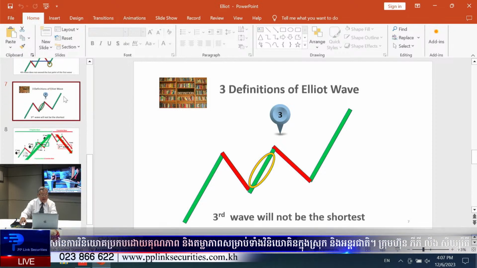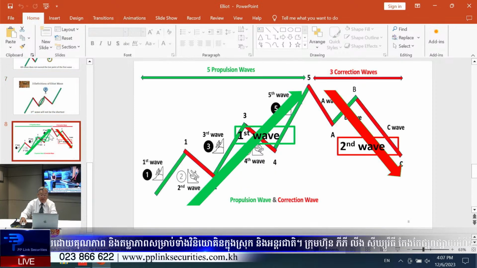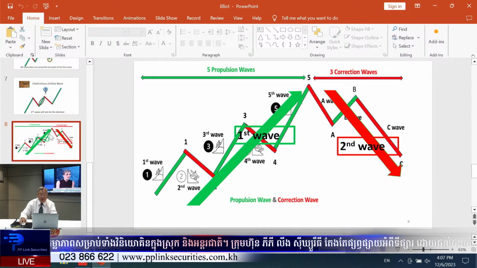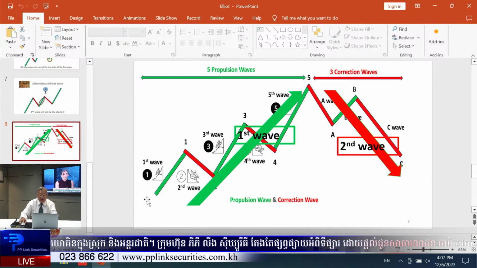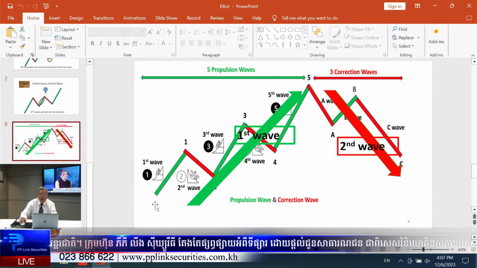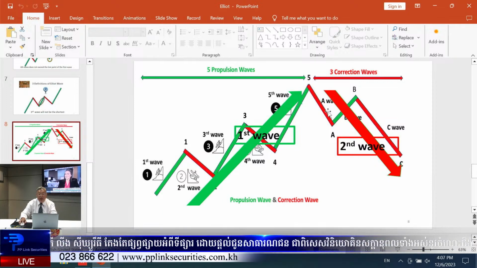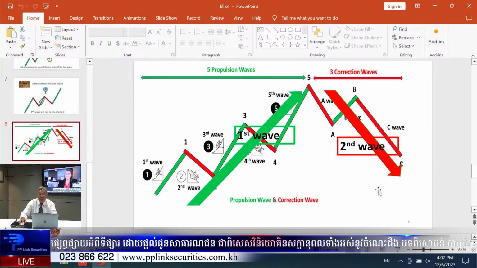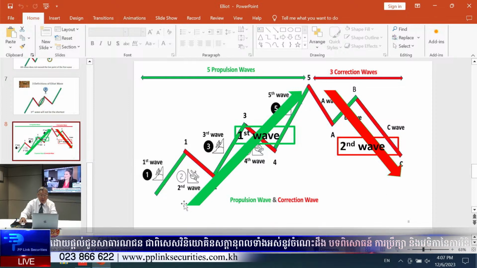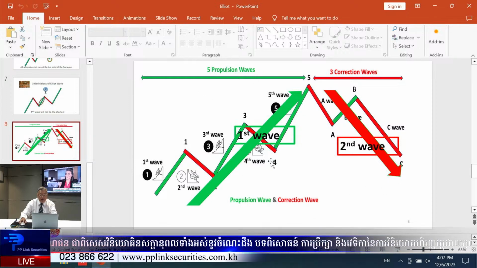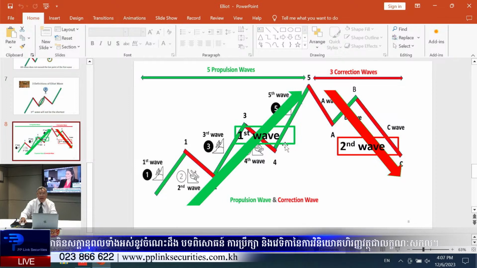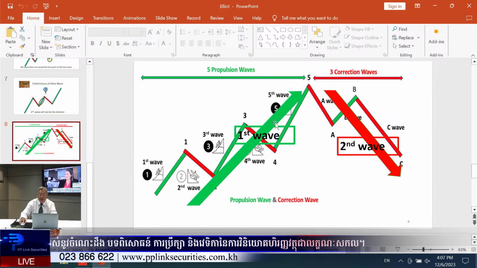Okay, let's move on to page 8. As I mentioned to you, Elliott wave consists of the 5 waves and then 3 ABC waves, right? But even though those are 5 waves, we can treat this as a fast wave, as you can see here, okay?